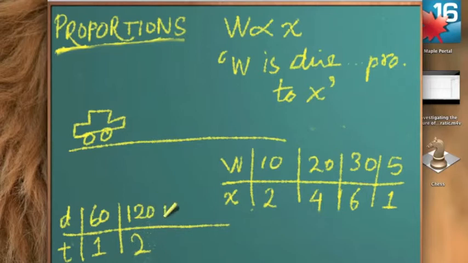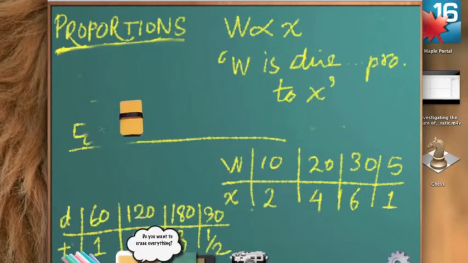In 3 hours, it's going to go 180 kilometers. And in only half an hour, it's going to go only 30 kilometers. So you see these two quantities, distance and time, provided that the speed is held constant, are in direct proportion.